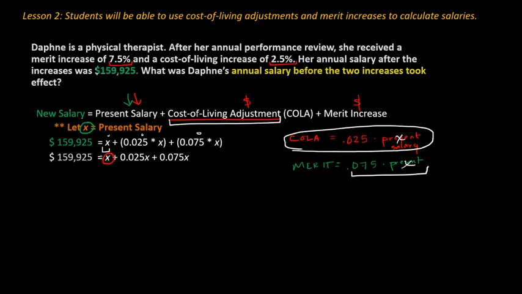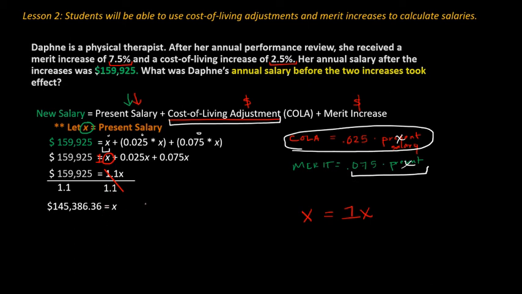So this is really 1x plus 0.025x plus 0.075x. Again, the common mistake is forgetting that x is equal to 1x. So when you add these together, you need to account for that, and we end up with 1.1x. From there, it's a matter of dividing, and we find that x is equal to 145,386.36, rounded to the nearest cent.